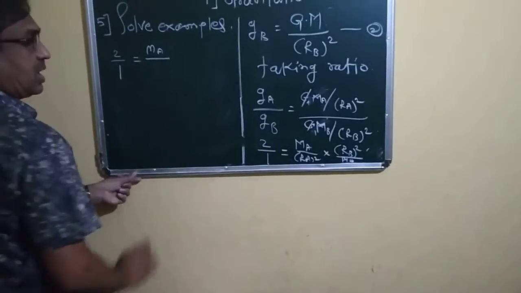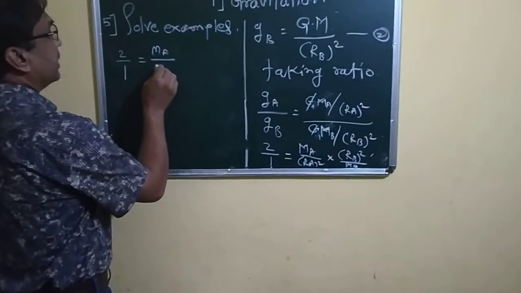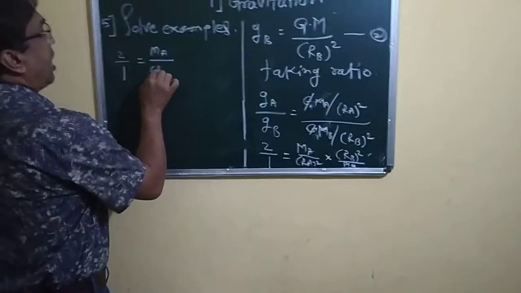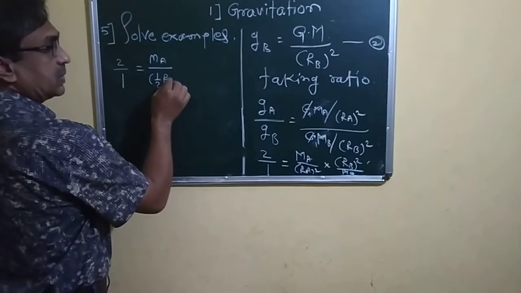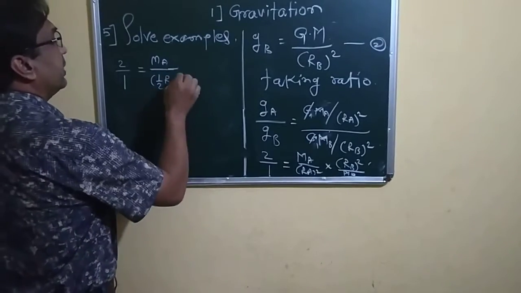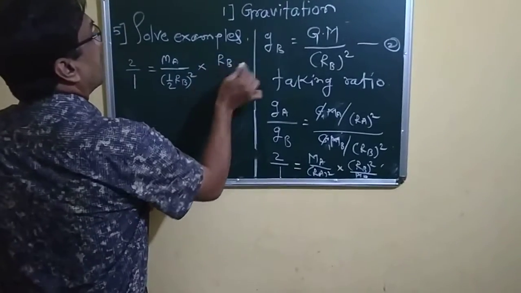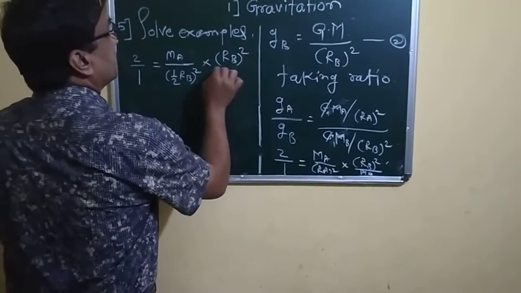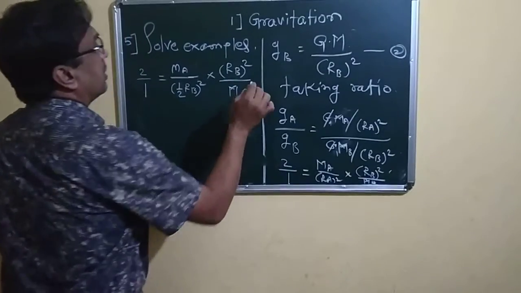RA is twice, RA is half of that, that means half of RB, half of RB square, into RB square upon MB.